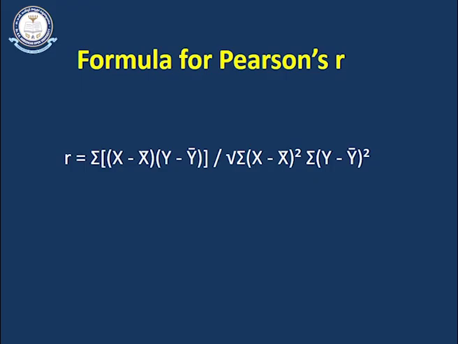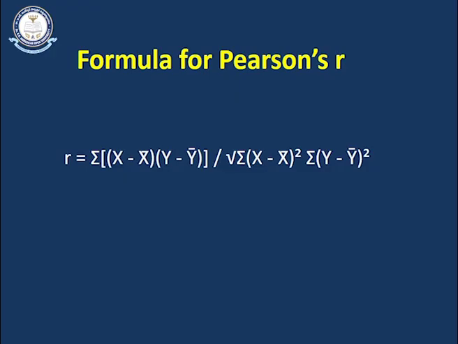So when you get r equals +1, that means it's a positive correlation. When you get r equals -1, that is a perfect negative correlation. And when you get r equals 0, it is a zero correlation. Do remember this small r, which plays a significant role in the statistics of correlation and methods of correlation.